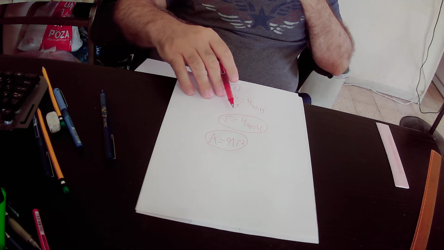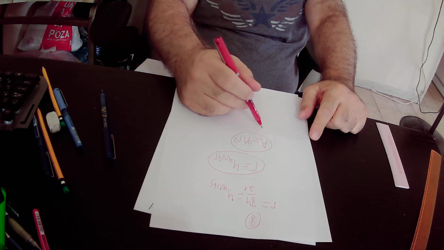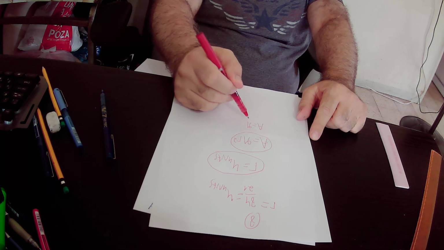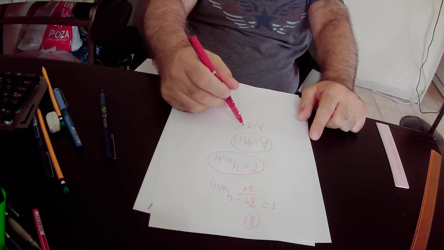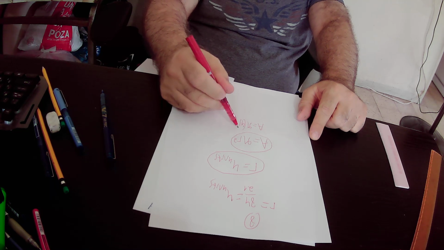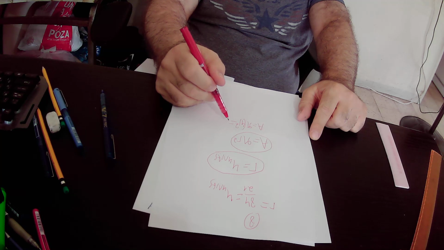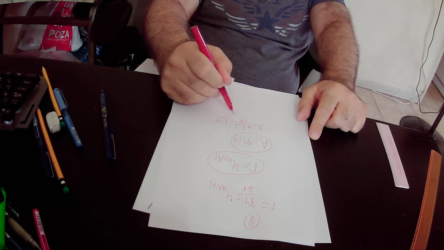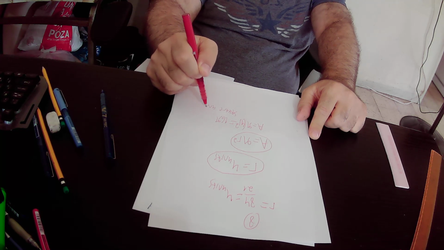We'll get that the area of the green circle equals pi times 4 squared. So the area of the green circle equals 16 pi square units.